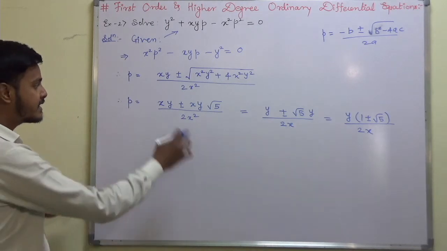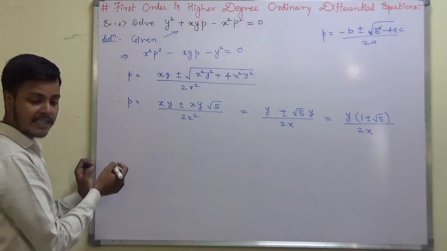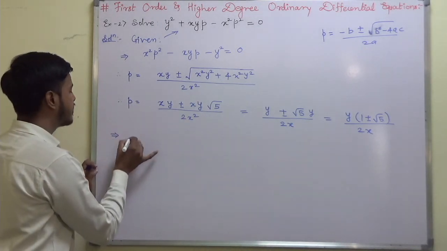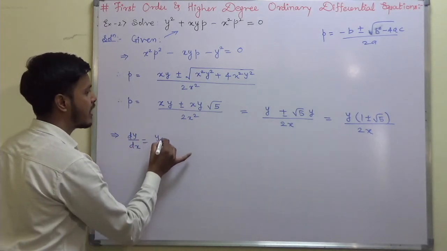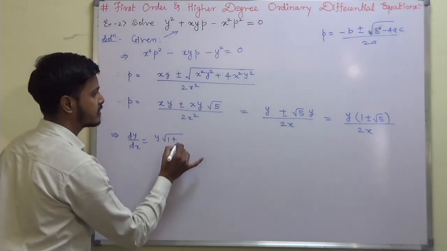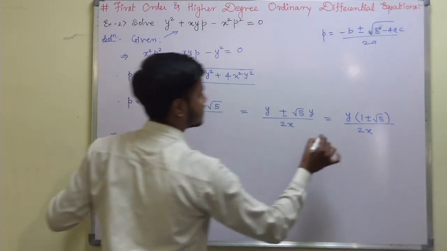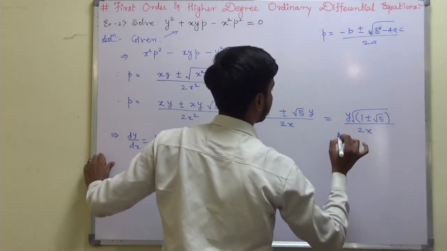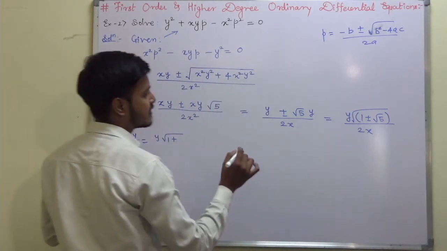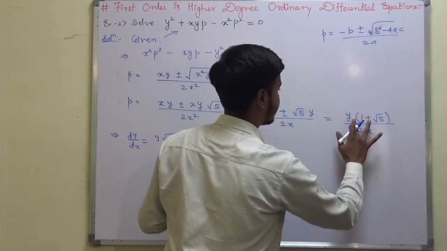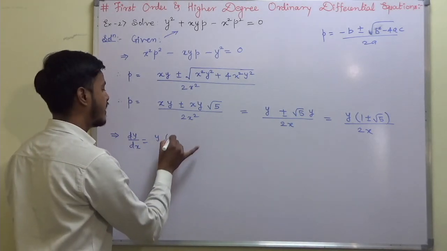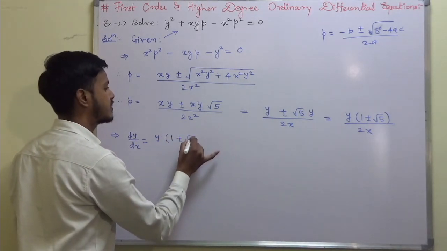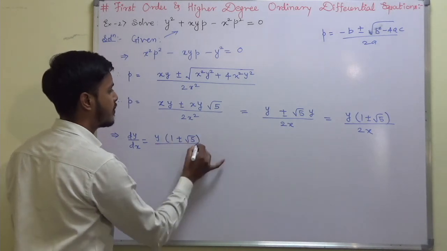Simple. Now what is this p? p is dy by dx. So you can write here, dy by dx is equal to y into 1 plus minus root 5 upon 2x.